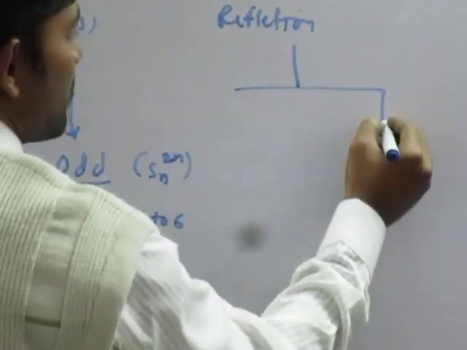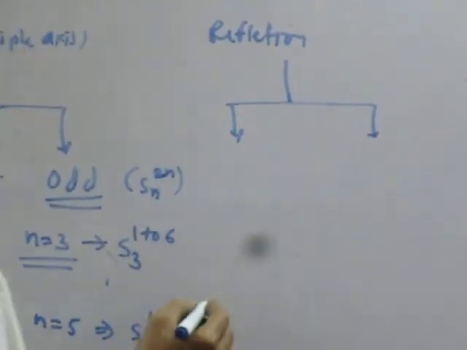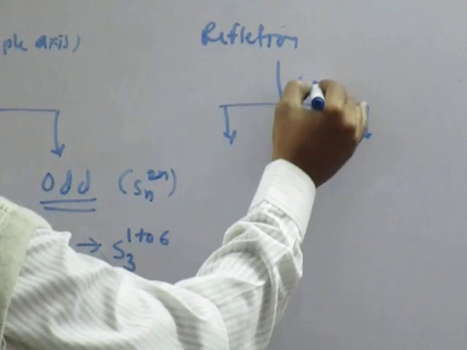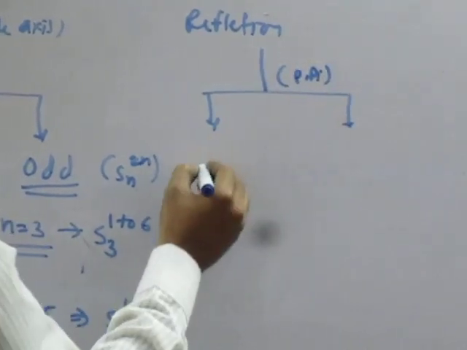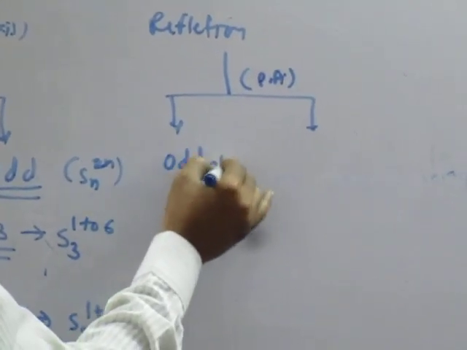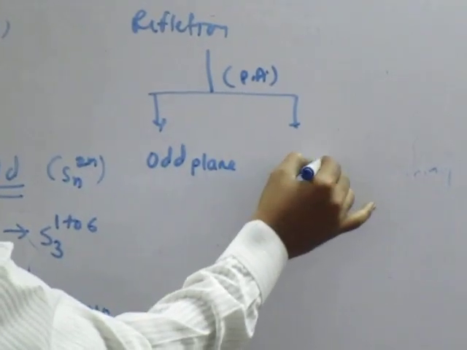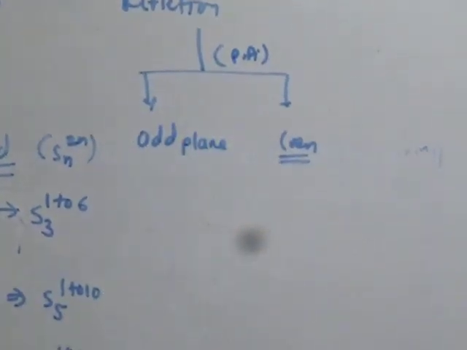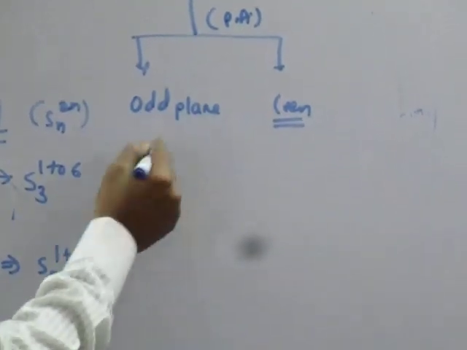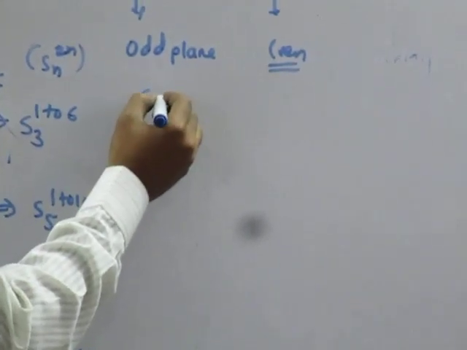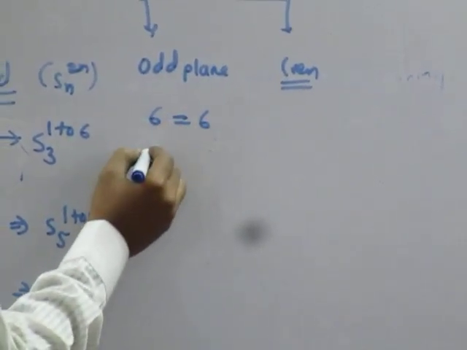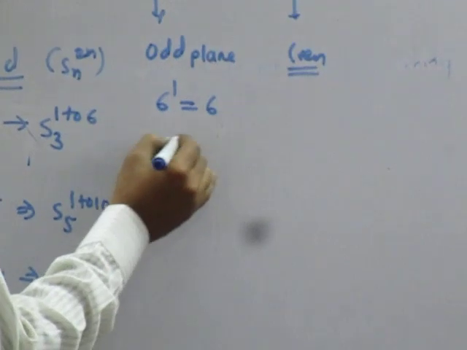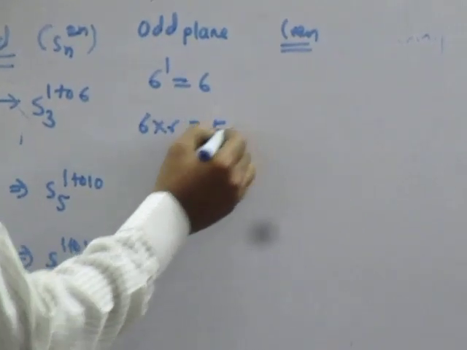In the case of reflection, reflection is possible for odd and even planes defined by the principal axis. If the principal axis is odd or even, then sigma is equal to sigma 1. Sigma into sigma is equal to identity.